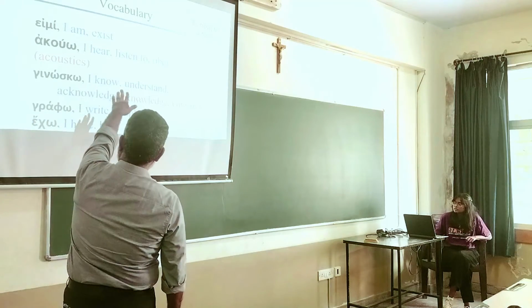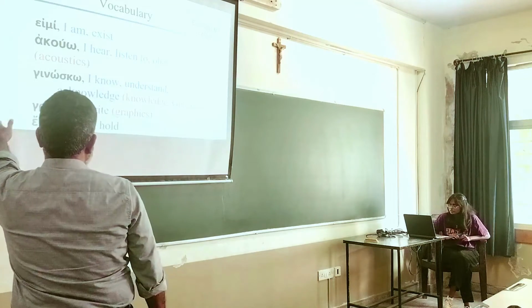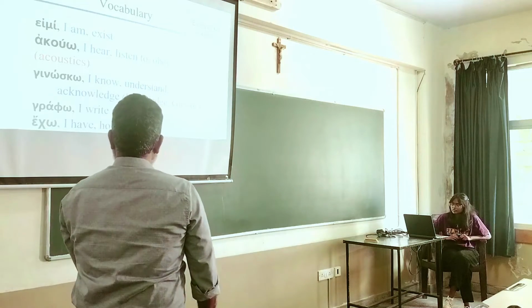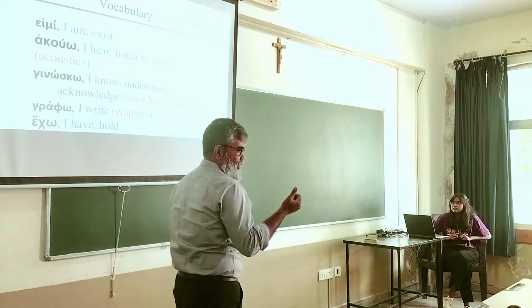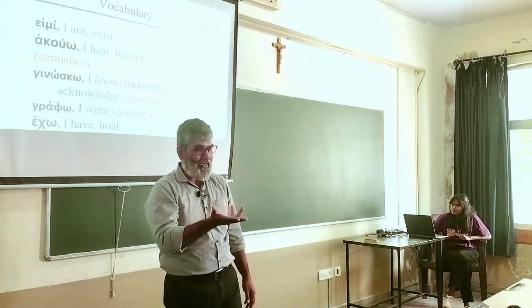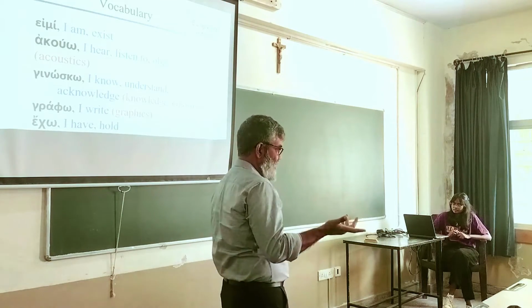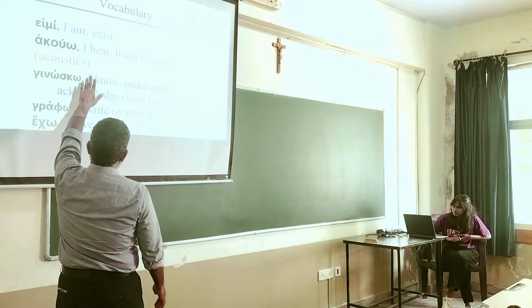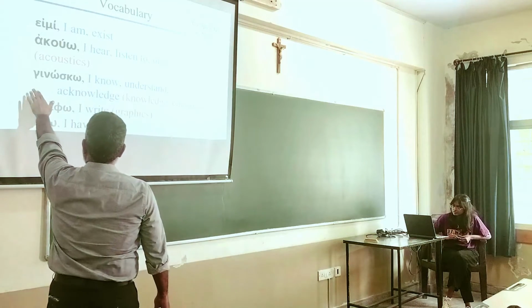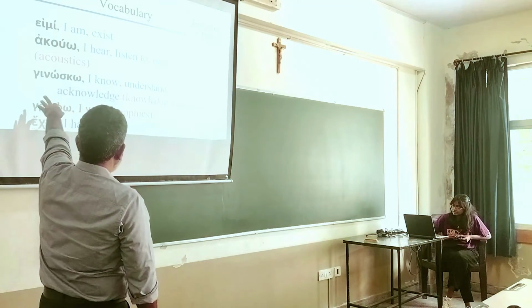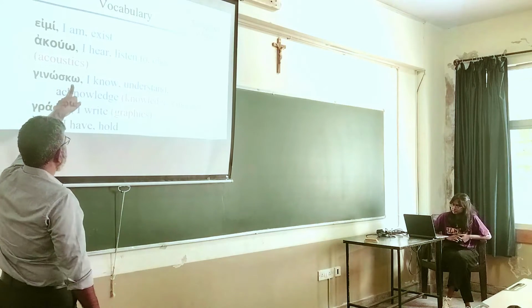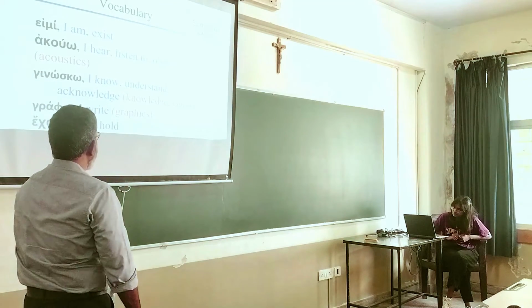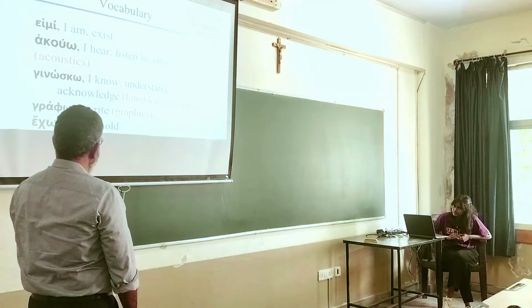Akouo means I hear. That's where the word acoustics comes from. A lot of English words have Greek background, like cardiology, plenty of words. Akouo means I hear. Ginosko means I know, I understand, I acknowledge.